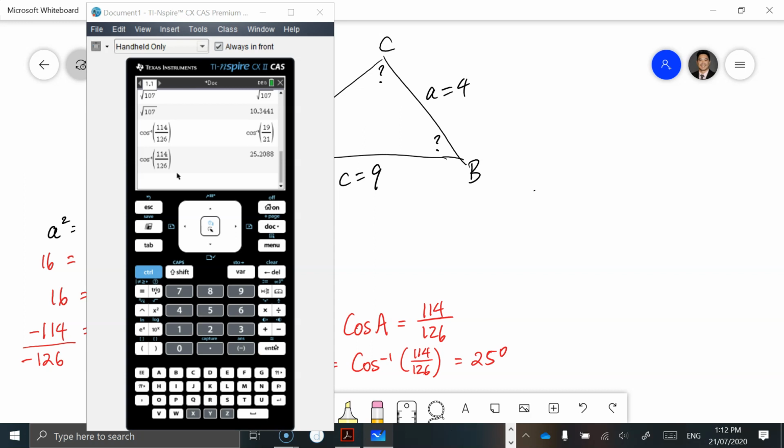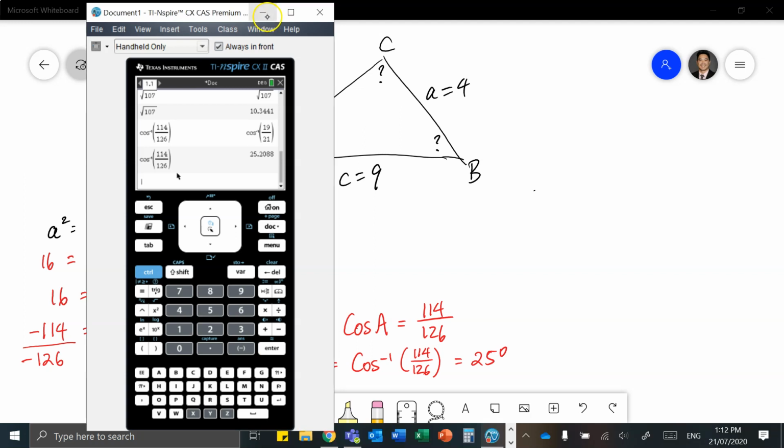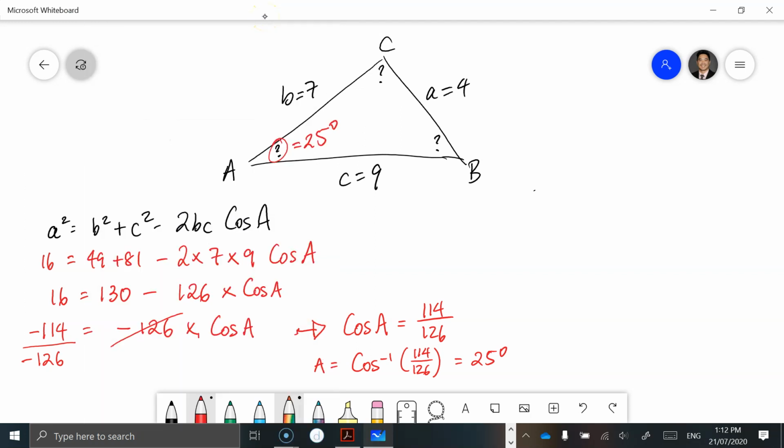Now that we know that this is 25 degrees, we can move on to the next one and do exactly the same thing. Let's do b squared.